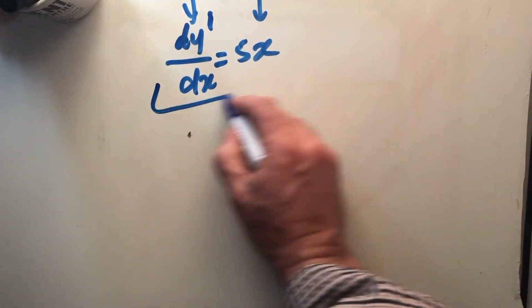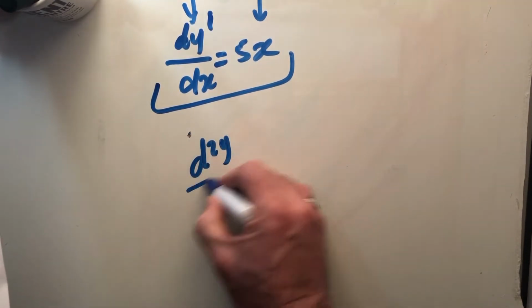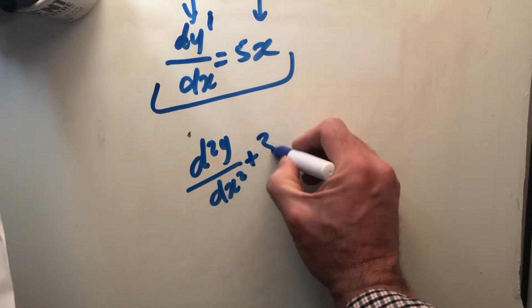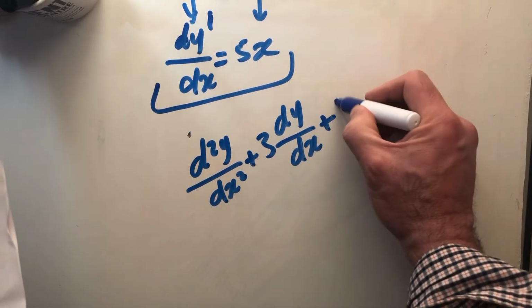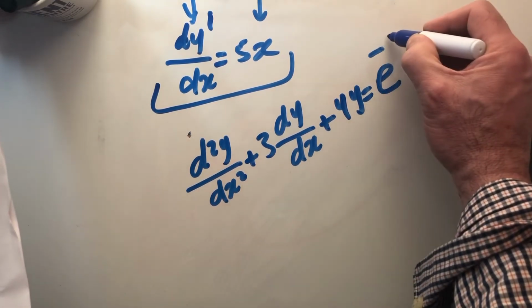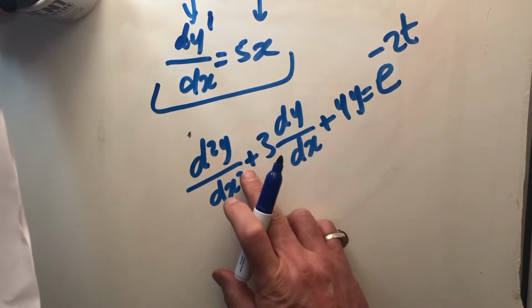A second order would look something like this: d2y by dx squared plus 3 dy by dx plus 4y is equal to e to the power 2x.